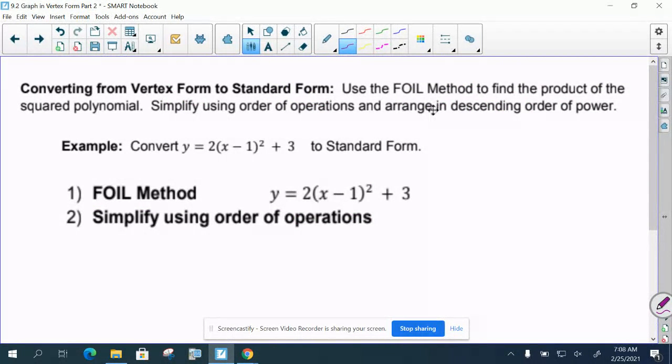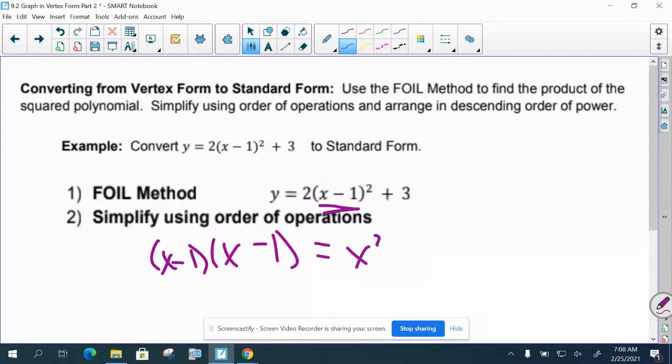Okay, the other way around is we will use our understanding of the FOILing method and finding the product of the squared polynomial. So say we have this equation here. First we would take this x minus 1 squared part, and remember that that is actually x minus 1 times x minus 1 if we want to simplify.